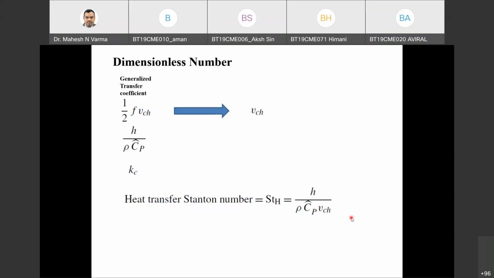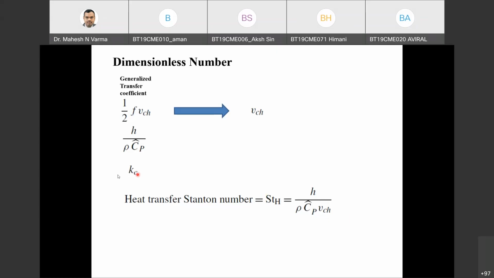This is the physical significance of the Stanton number. This we have already done. Similarly, we got a physical interpretation of the Prandtl number, Schmidt number, and Lewis number. Same thing we have followed here also.